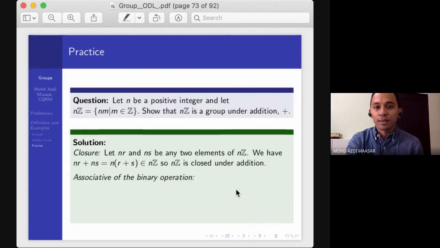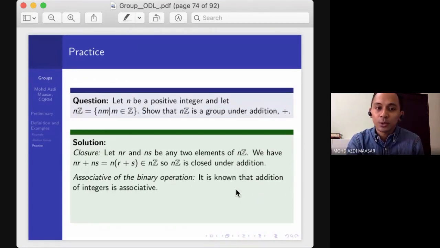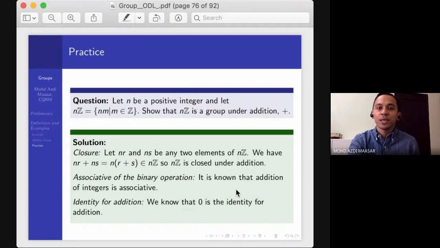Then we check for axiom 1, the associativity of the binary operation. Now it is easy because we know that the usual addition is always associative. Thus, we move to axiom 2, the identity for addition. We already know that 0 is the additive identity. However, for this problem, it is a little bit tricky, as we need to show that the identity 0 is in fact in the set nℤ.